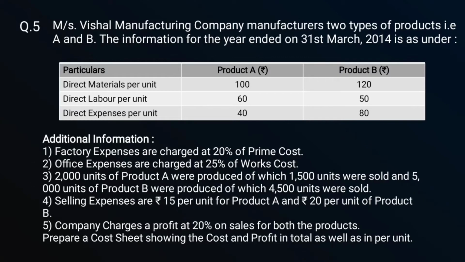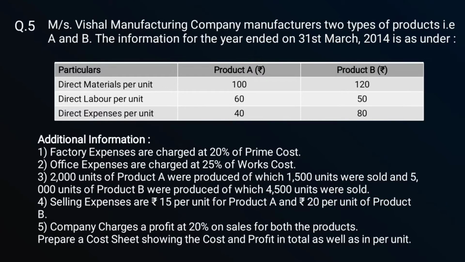Third, 2000 units of product A were produced, of which 1500 units were sold, and 5000 units of product B were produced, of which 4500 units were sold. So we need to find out the units of closing stock of finished goods. So let us prepare working notes.